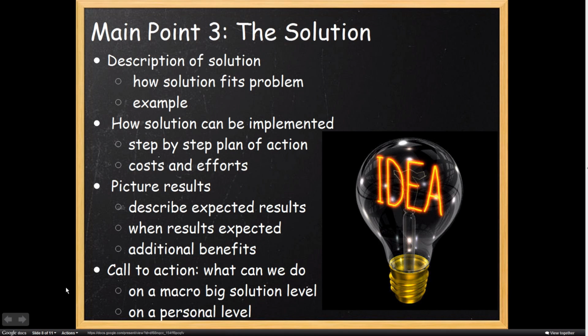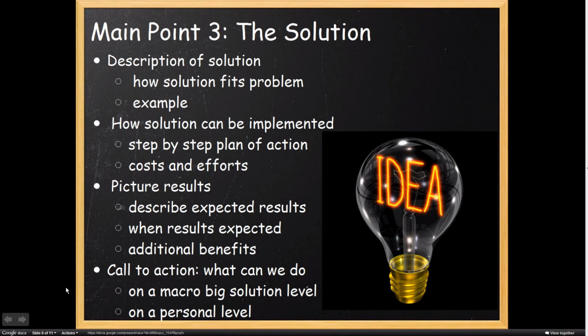And again, you can talk to us about how long it would take for this to happen, and then when we can expect results. And this is also a point of your speech where you can talk about some additional benefits. So sometimes taking an action to solve a problem might garner additional independent advantages, and it's great at this point to throw those on there to sweeten the deal.